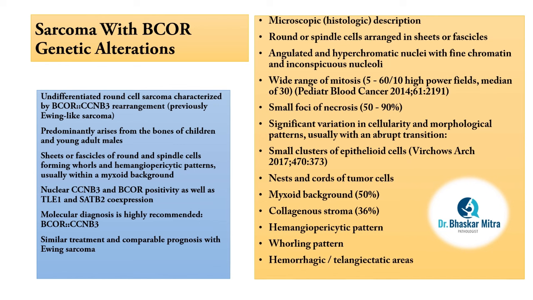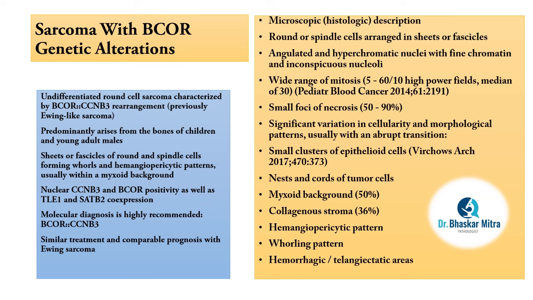Next comes the sarcoma with BCOR genetic alteration. These are undifferentiated round cell sarcomas with BCOR and CCNB3 rearrangements. They were previously called Ewing-like sarcomas. They mainly affect the bones of children and young adults.